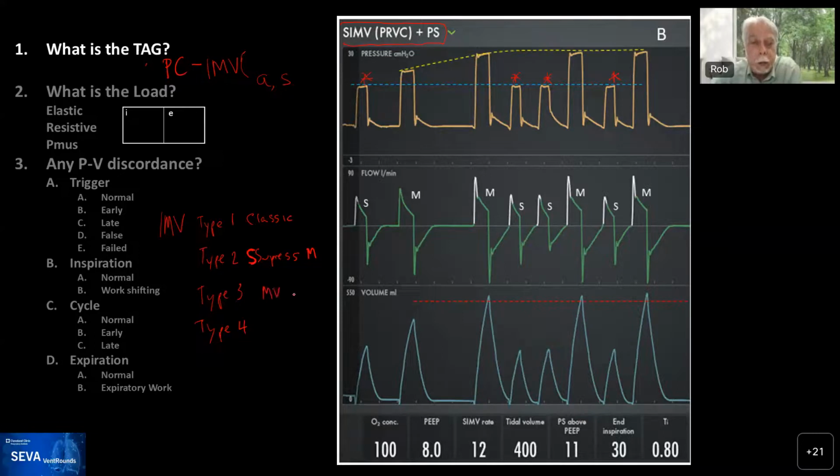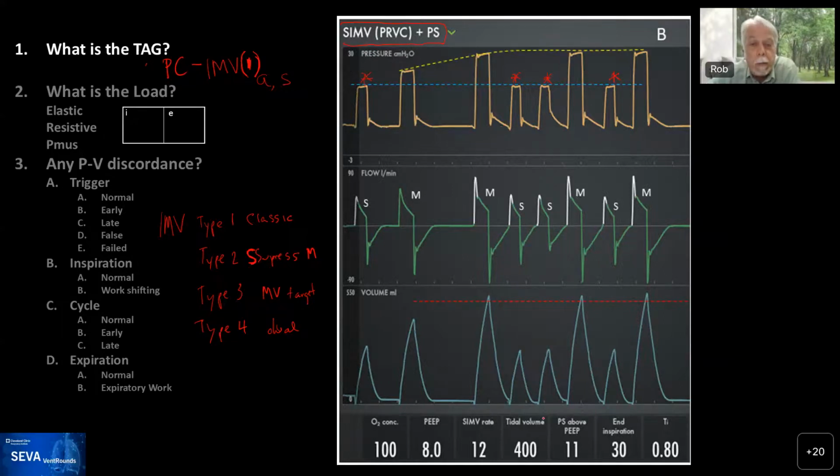And there's a fourth kind where if the patient makes a large enough inspiratory effort, they can actually change a mandatory volume control breath into a spontaneous pressure control breath. So there are 4 different ways that we can have IMV, or patterns of spontaneous and mandatory breaths. 3 of those ways allow spontaneous breaths to suppress the mandatory breaths in the interest of promoting the goal of comfort or improving synchrony.